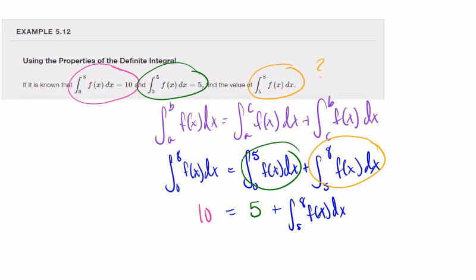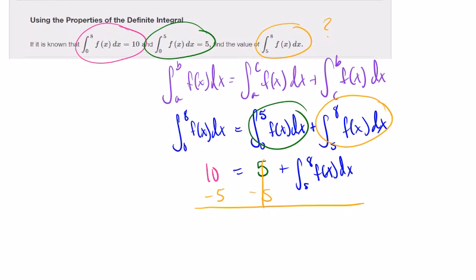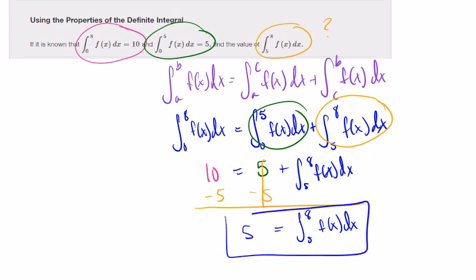All right, and so now we're trying to solve for this. So we're just going to subtract 5 from both sides. And we can see that our answer, the integral from 5 to 8 of f of x dx, is just 10 minus 5, which is 5. So that's our answer for this.